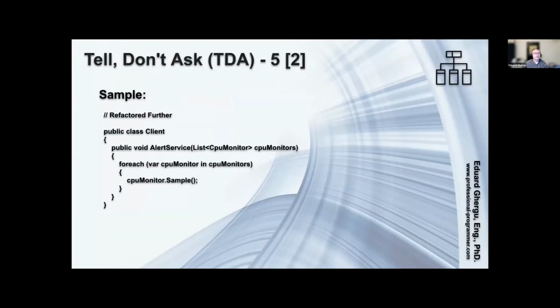And the client will be like this. In the end, we'll have only the CPU monitor dot sample, and all the processing, everything, will be done in the CPU monitor class itself.